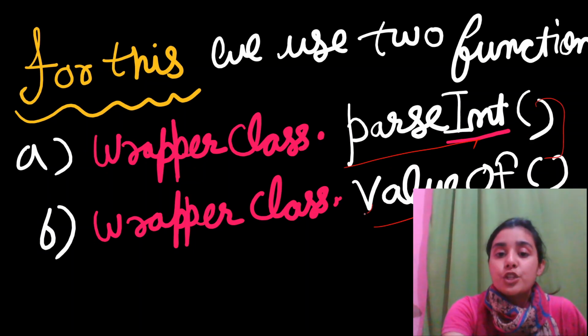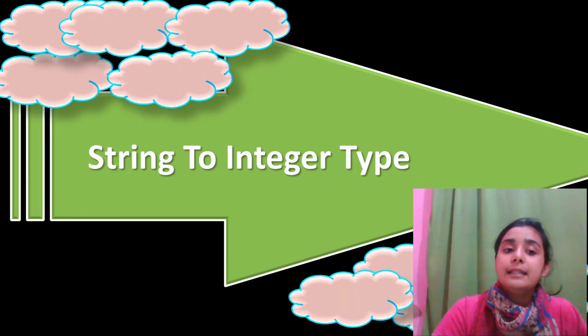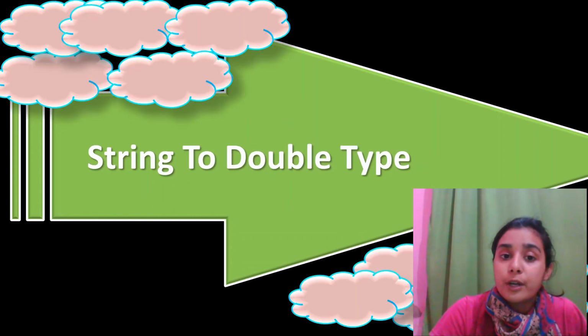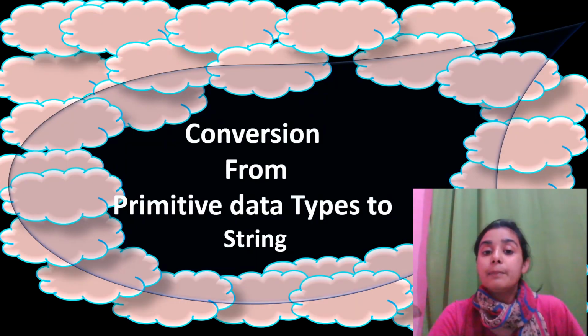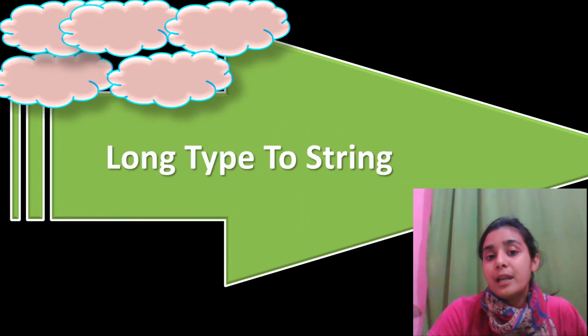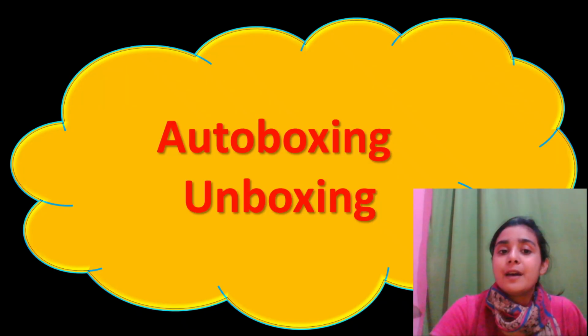With both functions we can do the same thing. We did string to integer, string to long, string to float, string to double, and we have done primitive data into string also. Integer to string, long to string, float to string.